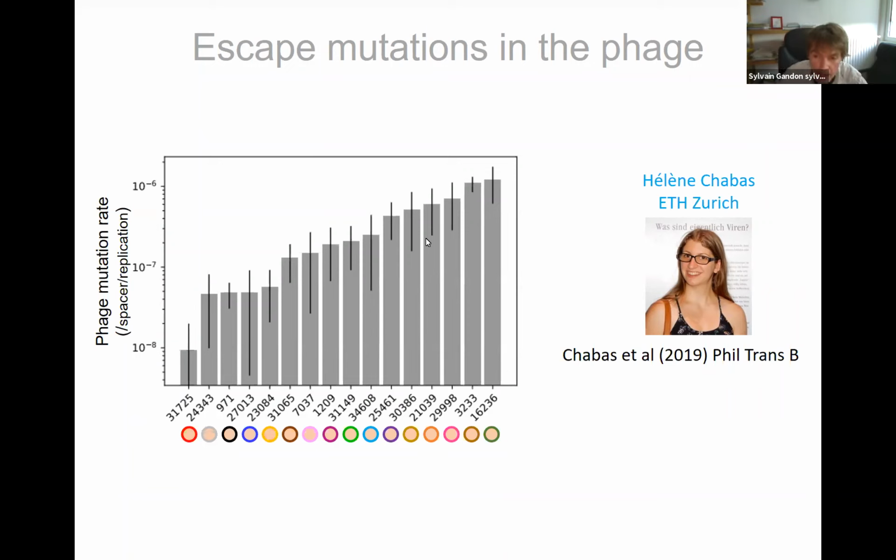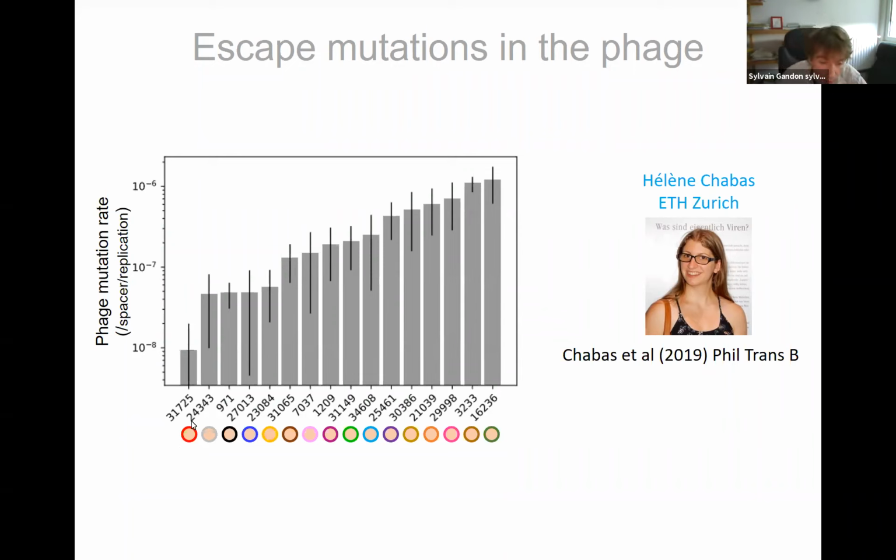Something that Hélène found is that there is a huge variability in the phage mutation rate along the phage genome. Here, this figure plots the rate of mutation that was measured using Luria-Delbrück experiments when she tried to follow the acquisition of escape mutation against different types of CRISPR immunity.